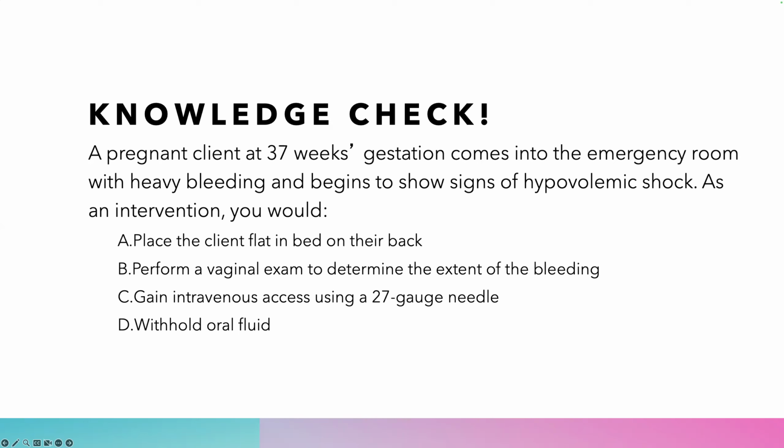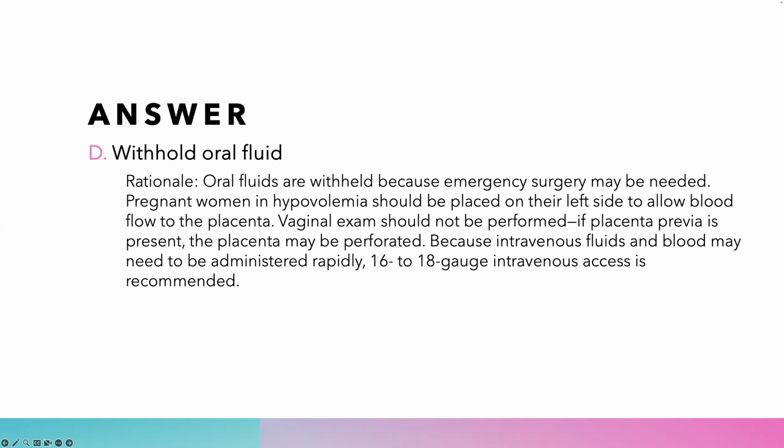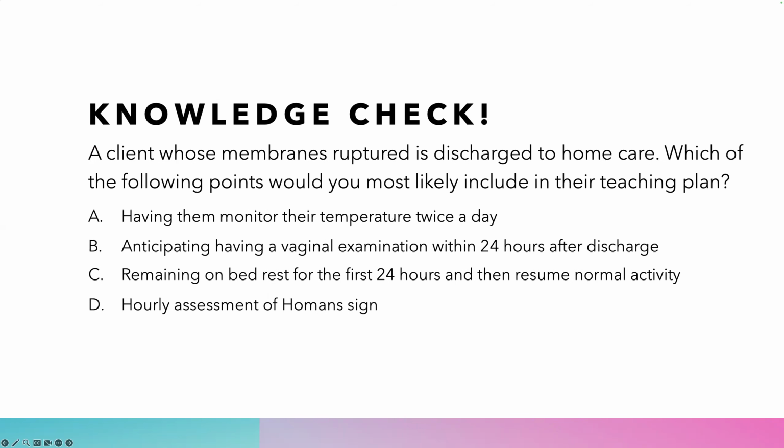Is that a big needle or a small needle? Small needle. Are we going to withhold oral fluid? Most likely. Why? Because the person might be going to C-section or something. Exactly. And we don't want them to aspirate. Exactly. Perfect.